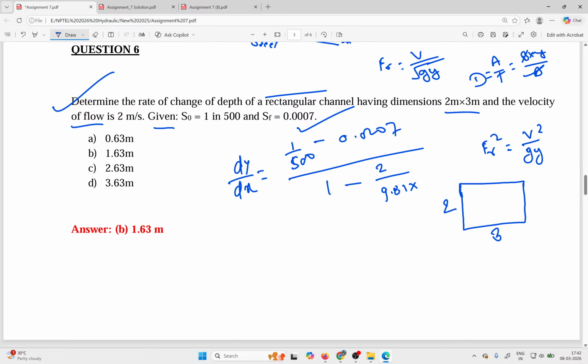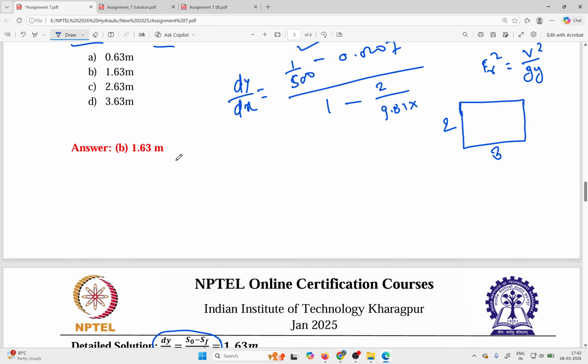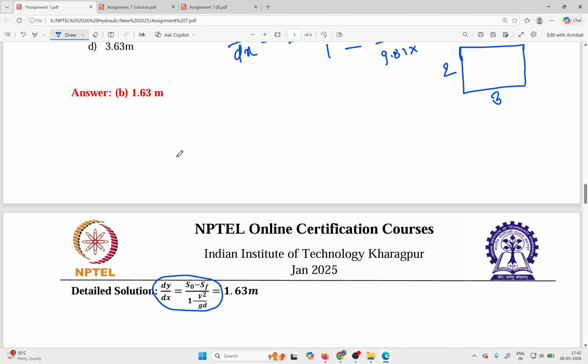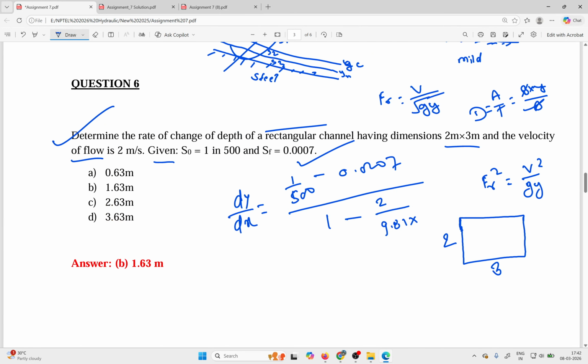So you can put 2 in the place of y, then try to check with 3, because here it is not given very clearly which one is width and which one is depth, that should be given. Okay, so after calculation you will get the rate of change as 1.63 meter. So option B is correct for this question.